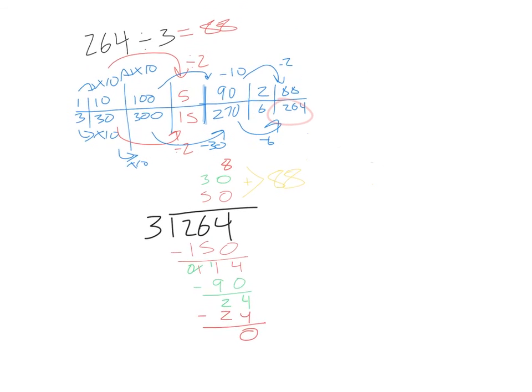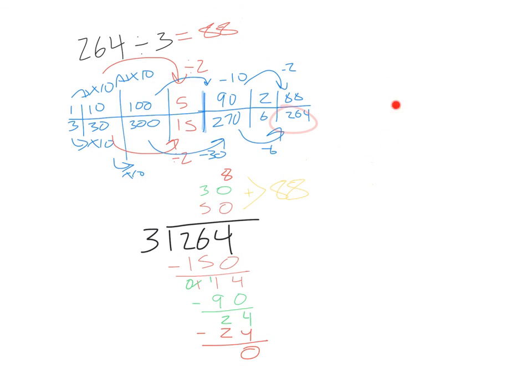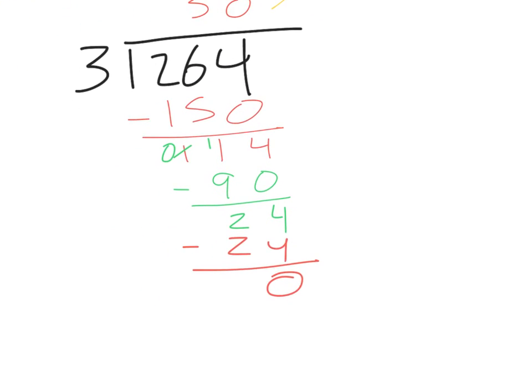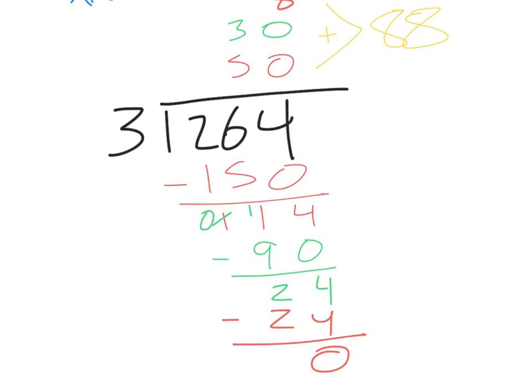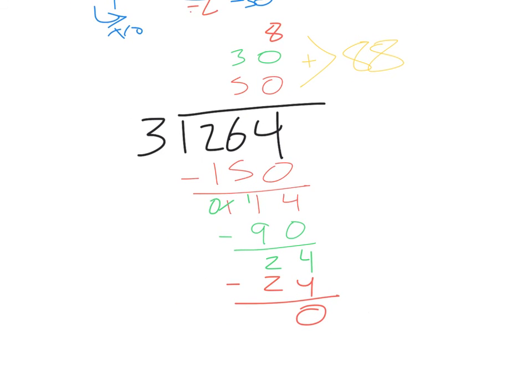And hey, that matches what we found on our ratio table. So with that standard algorithm, taking pieces or bytes out of that total with multiplication facts that we know.